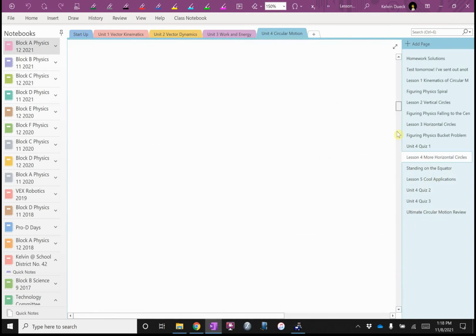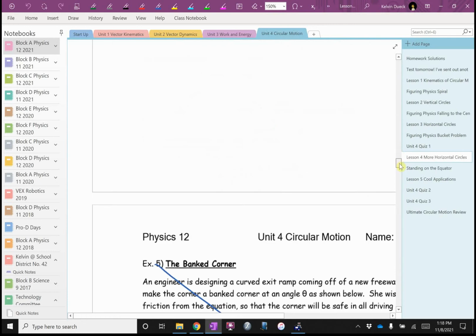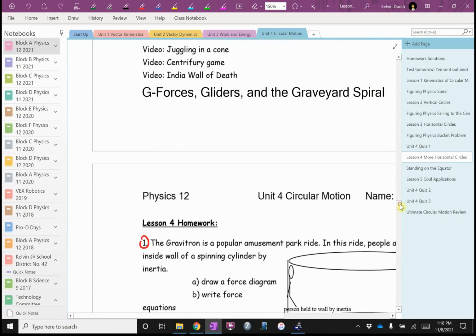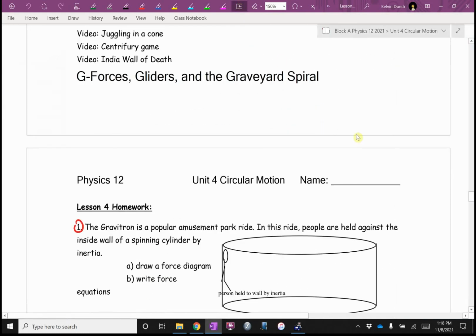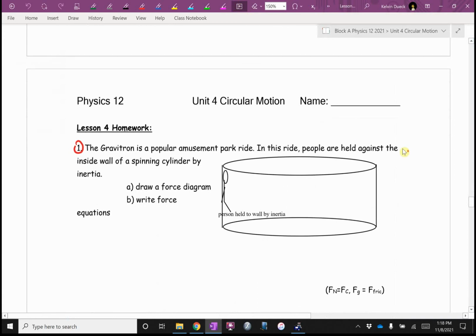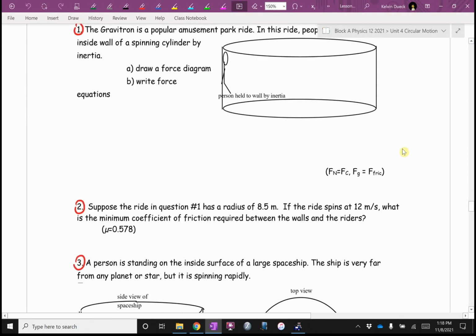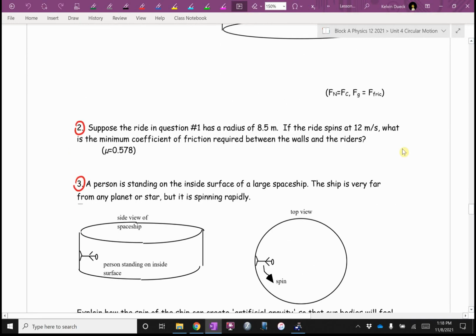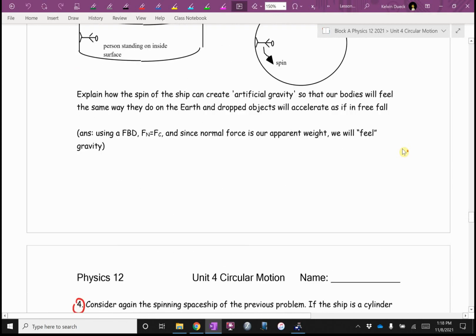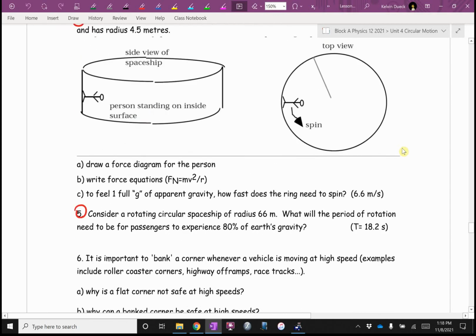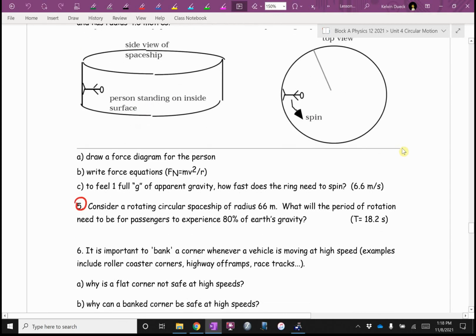What's your homework? So here's what I assigned my other students. Number 1 is good. 2 is good. 3 is good. 4 is good, 5 is good, but you can skip 6.